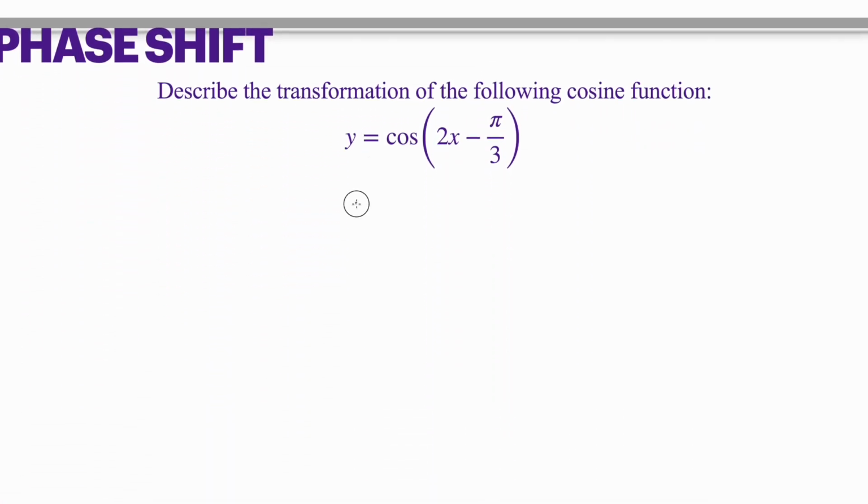In this case, you will have to make the entire parentheses set equal to 0, which means you'll have 2x equals pi over 3, which means x equals pi over 6, which means that you would say that it will shift right, again because it's positive, pi over 6.